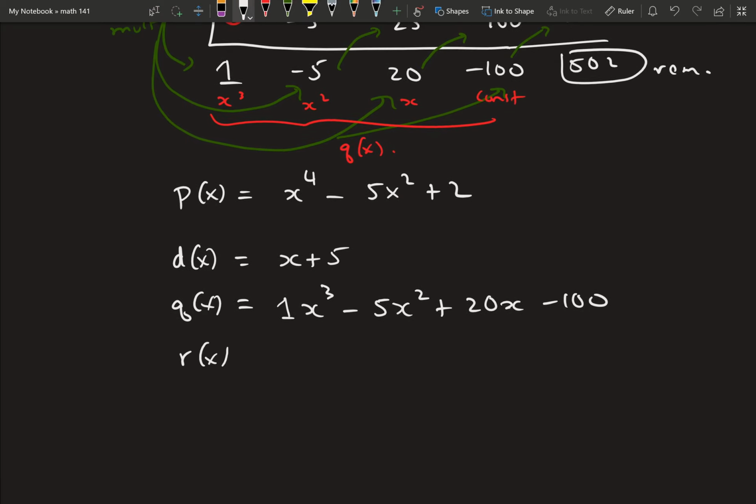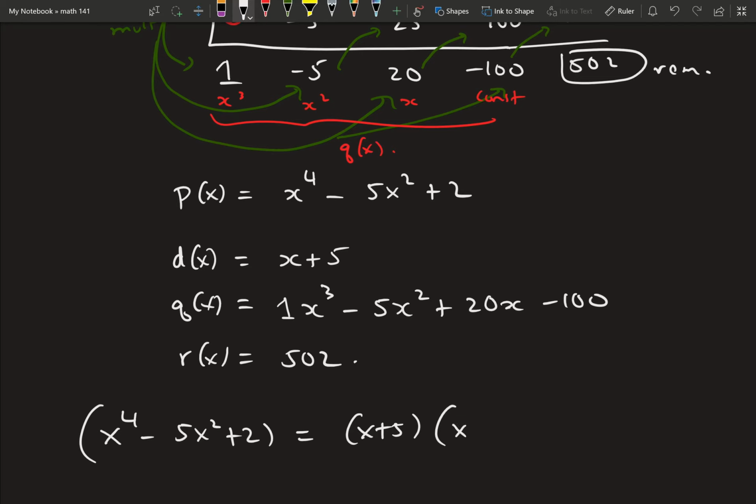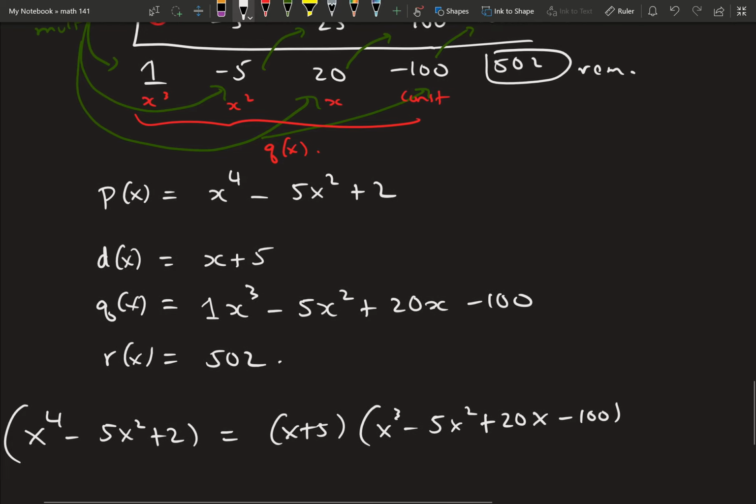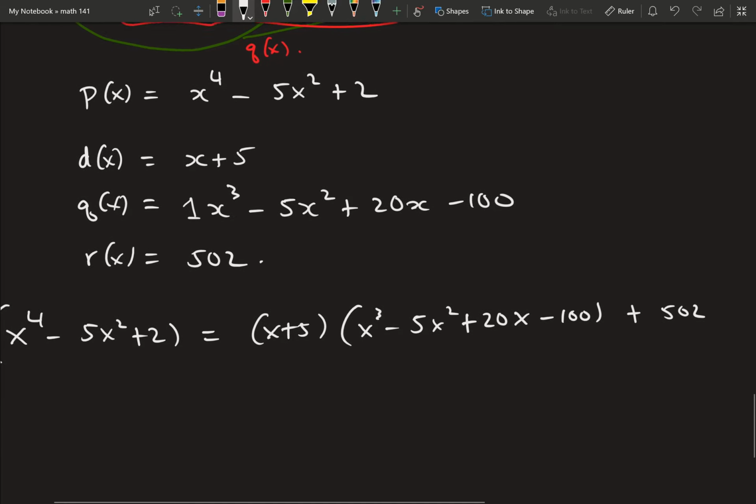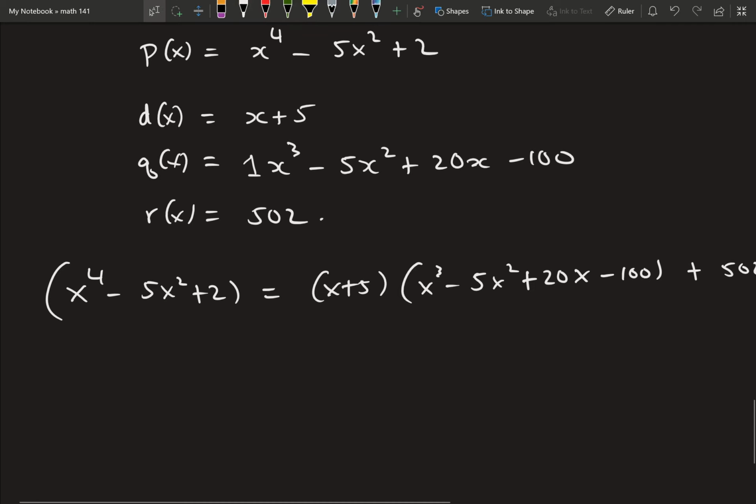And our remainder here is going to be 502. So x to the fourth minus 5x squared plus 2 is equal to x plus 5 times x cubed minus 5x squared plus 20x minus 100 plus the remainder 502. Okay. So this is the general procedure. You can check if you'd like and multiply this out, but this will work out.